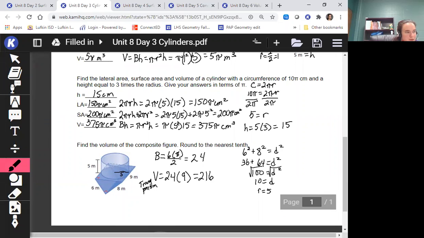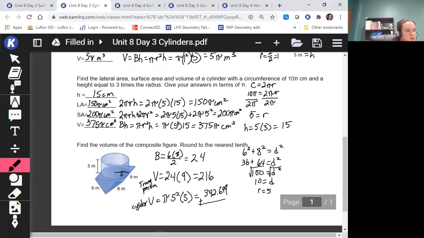So then for the volume of our cylinder, we're going to take our area of our base times our height. So pi times 5 squared times our height of 5. And that gets us 392.699.